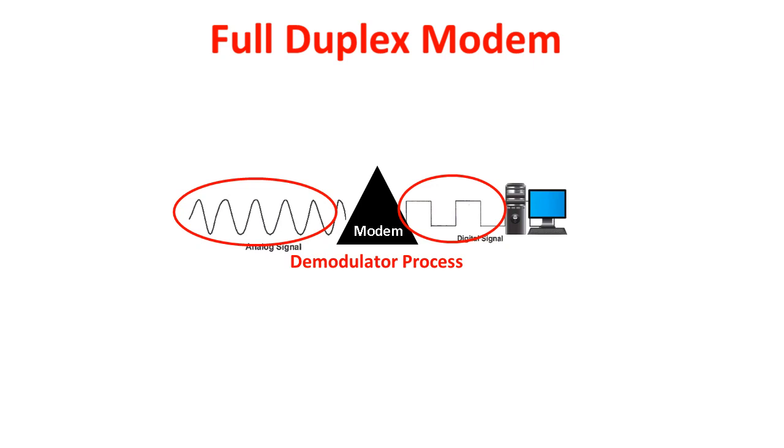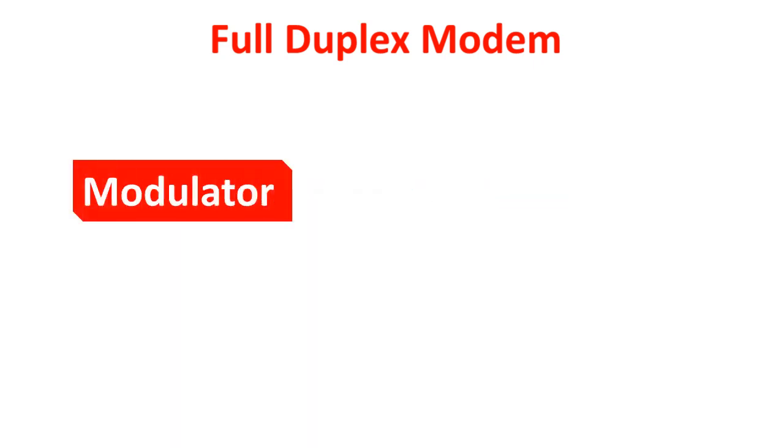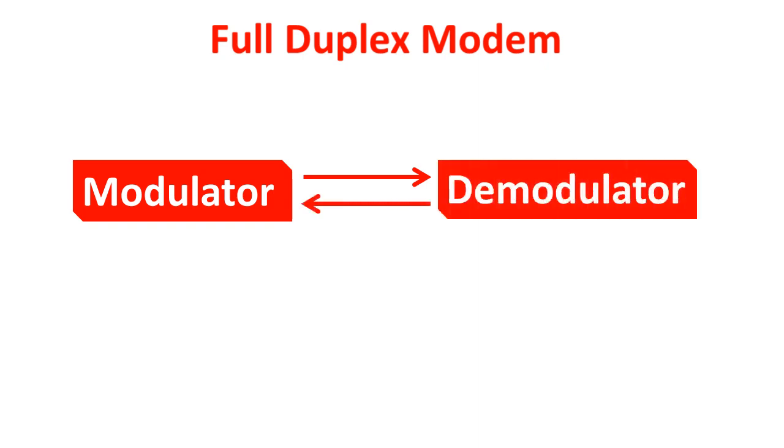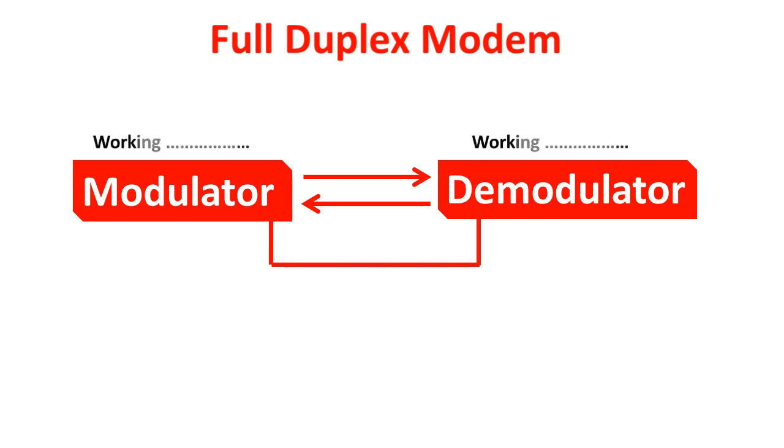Therefore, the full duplex modem can work with both modulator and demodulator, the same as in the half duplex modem. That is why it supports two-way conversation, but it performs both processes simultaneously at the same time, unlike the half duplex modem, where the other process has to wait unless the current operation is fully completed.